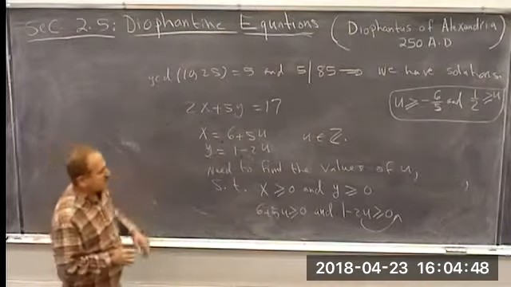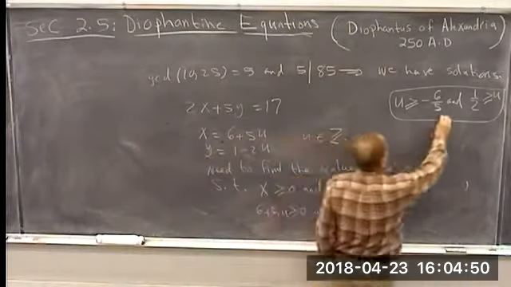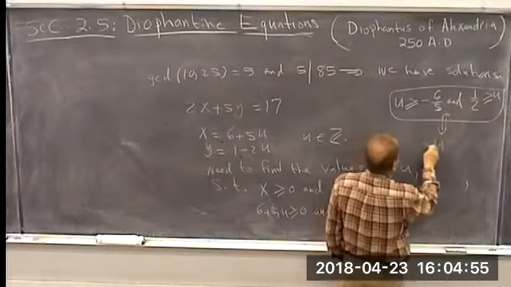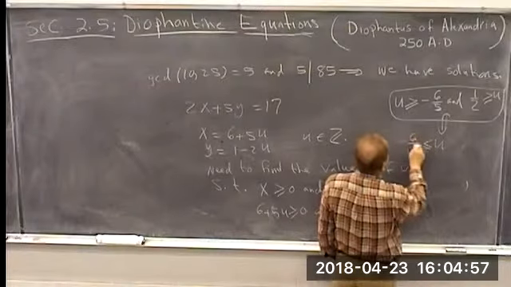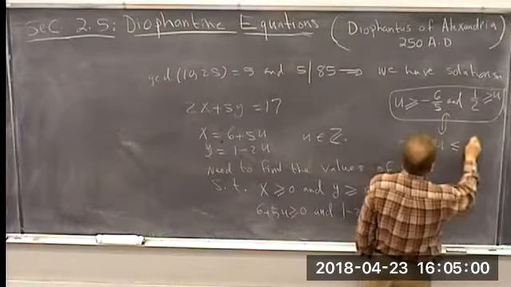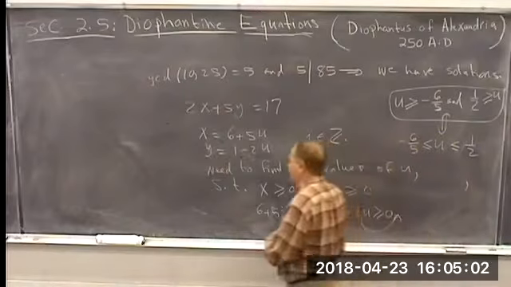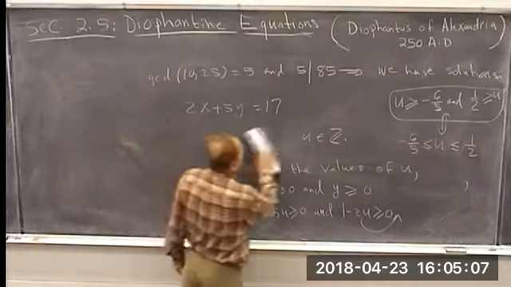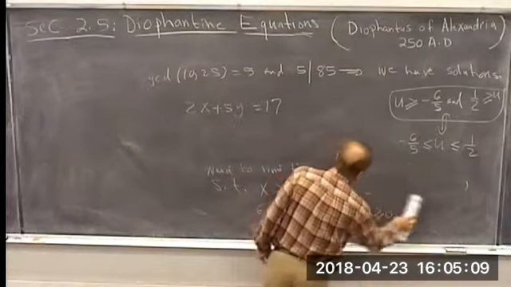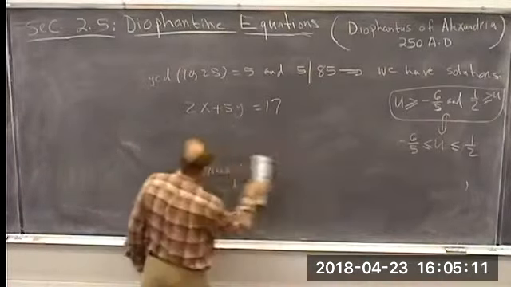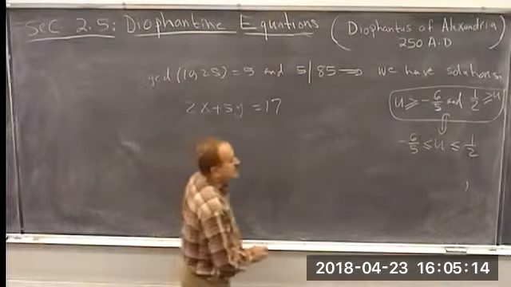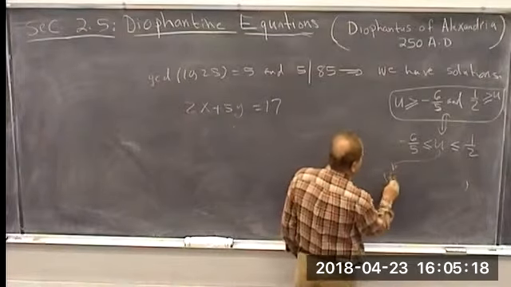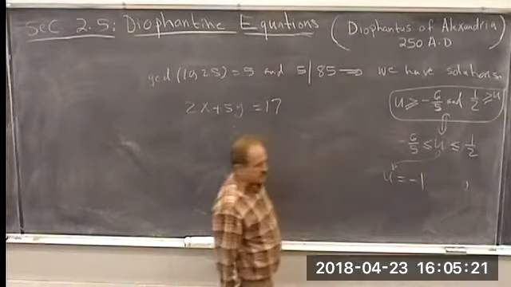So this is equivalent to u is bigger than or equal to minus 6/5, and less than or equal to 1/2. Now, u is an integer, right? u is an integer that is in this range.